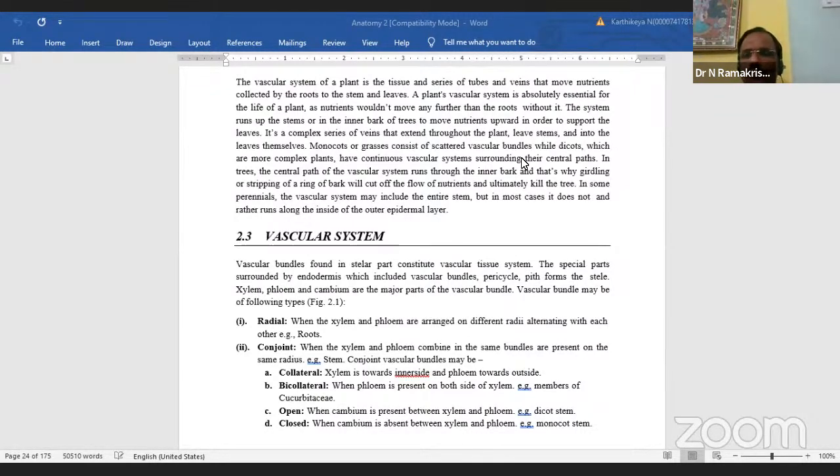What is the meaning of vascular? Already you know very well. Vascular means we are looking at two types of cells, two types of structures. One is xylem, the second is phloem. Both together we call vascular bundles. These tissues together we call the vascular tissue system.